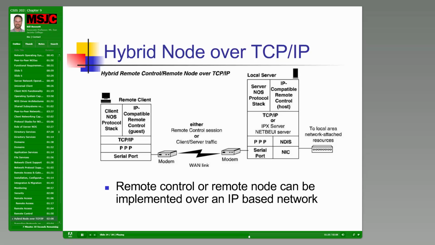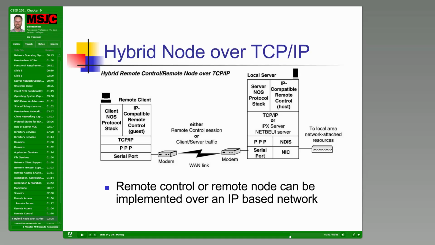But look at the layer up from that and you'll see there's a PPP in there, and that's the point-to-point protocol. That is the communications protocol that's used to communicate between the two devices. And that's only one of several protocols that are used when we're doing remote access.